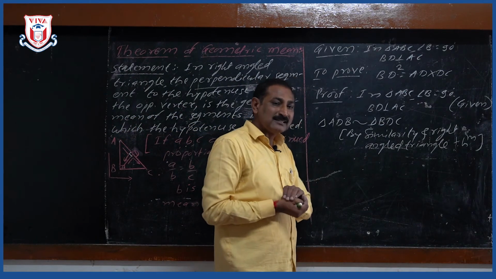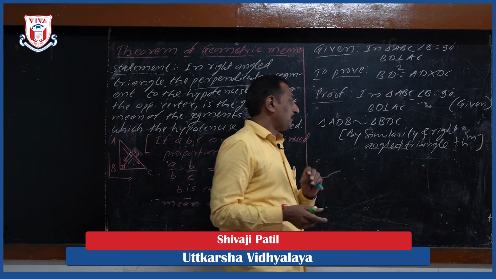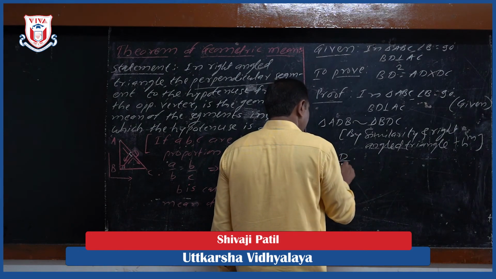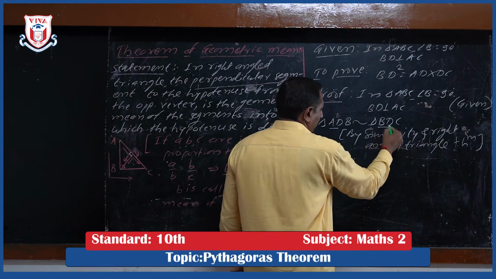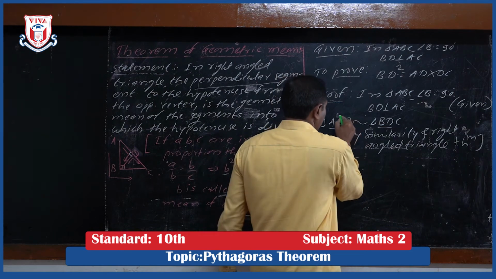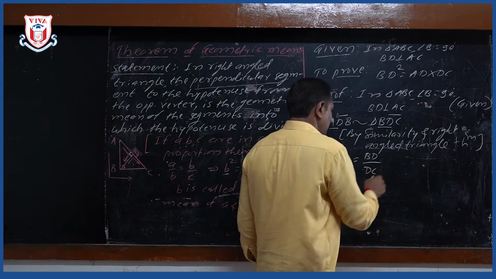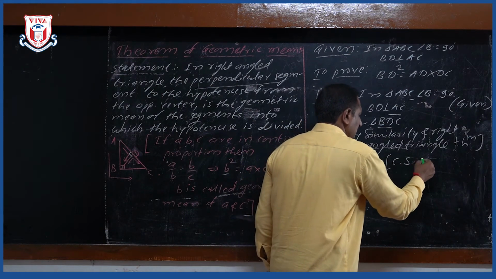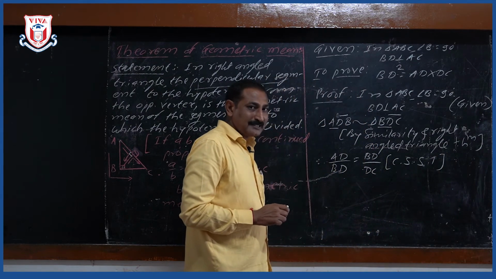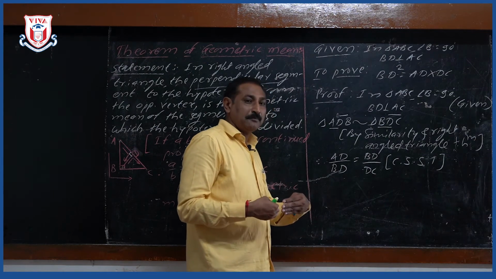Here, if two triangles are similar, then their corresponding sides are in proportion. Therefore, I write here AD upon BD is equal to BD upon DC, corresponding sides of similar triangles. Hence, when two ratios are equal, their cross multiplication is also equal.